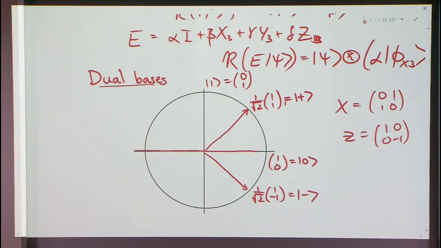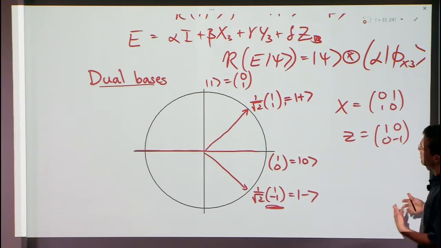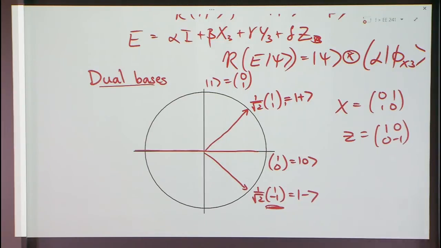And it adds a phase to ket minus, because if you switch these two coordinates, you pick up a -1 phase. So X and Z are really the same kind of operator, except in the dual basis. X in the dual basis acts like Z in the primal basis, and vice versa.